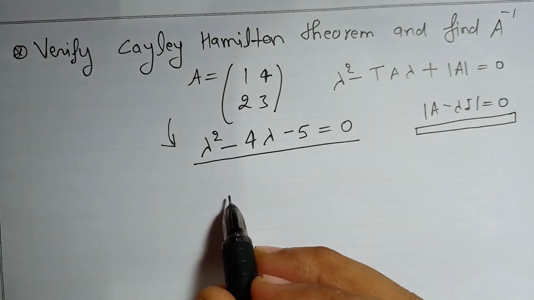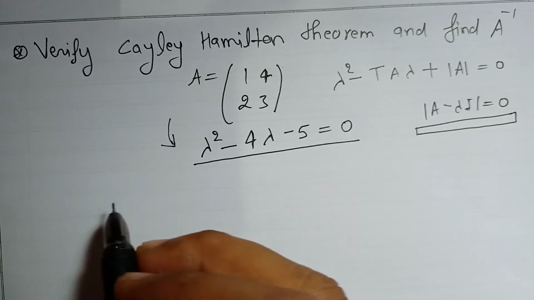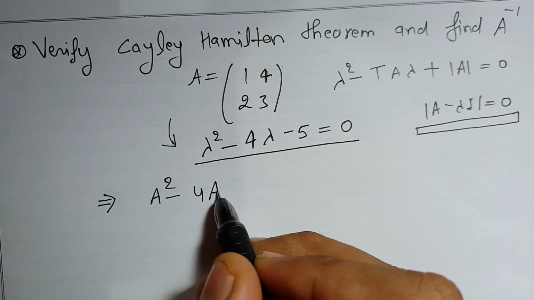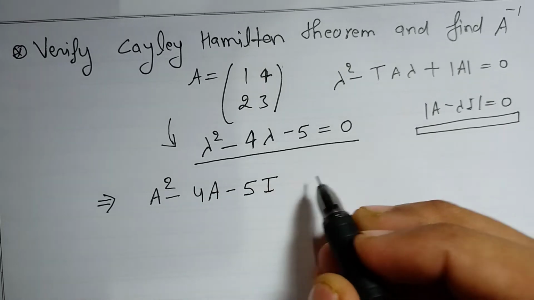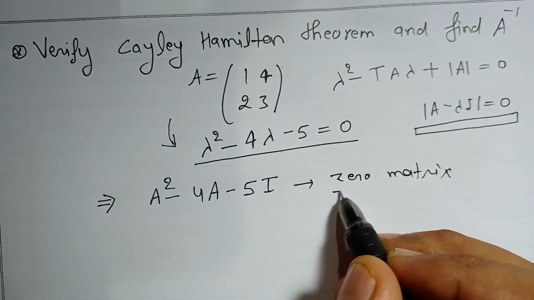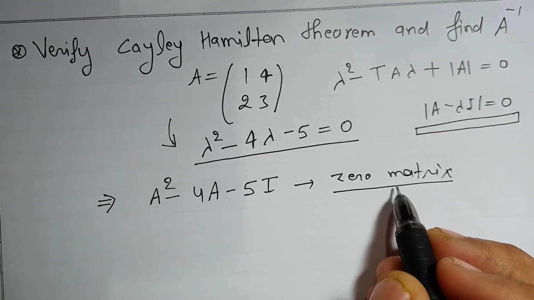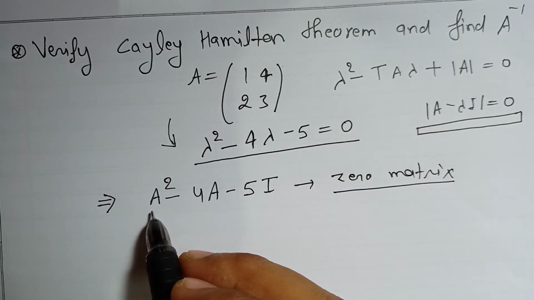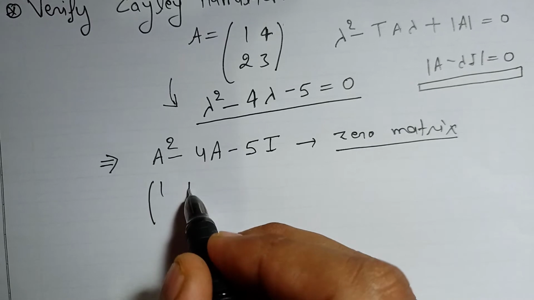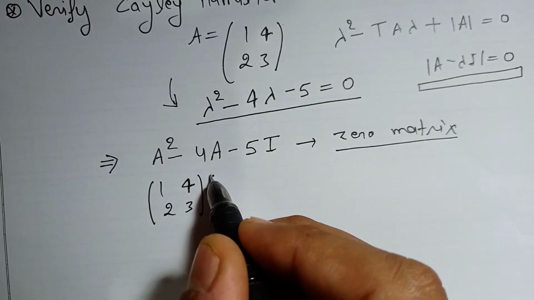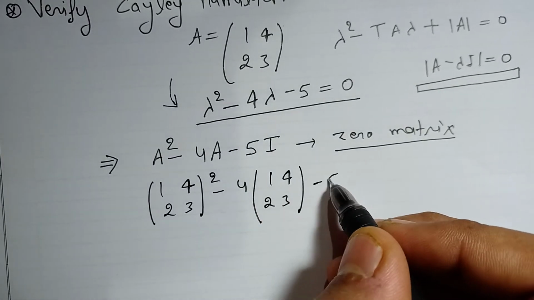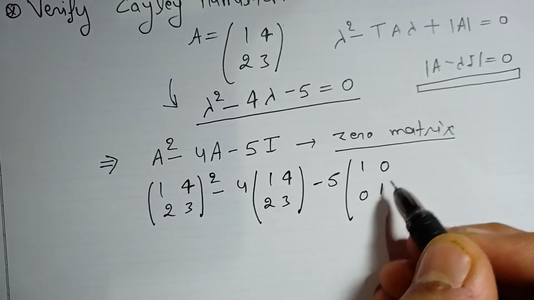Okay, so this is the characteristic equation. According to the Cayley-Hamilton theorem, A square minus 4A minus 5I should be the 0 matrix. Let us see whether we get the 0 matrix or not. If we get the 0 matrix, we say the matrix A satisfies its characteristic equation. So A is the matrix [1 4; 2 3] whole square minus 4 [1 4; 2 3] minus 5 [1 0; 0 1].